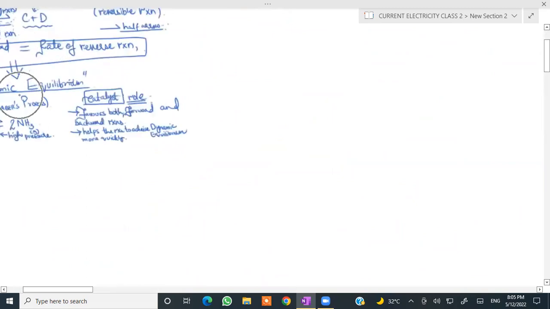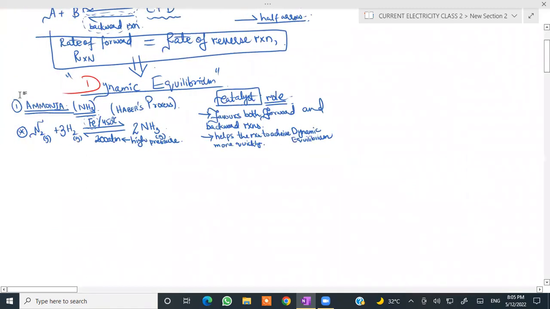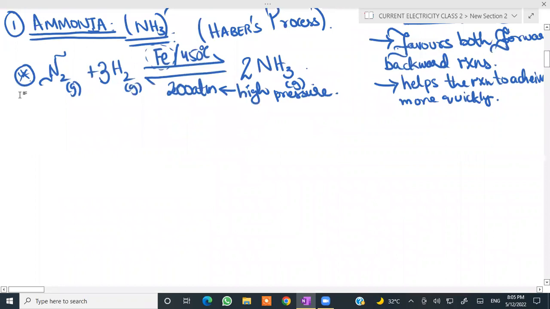So now what will happen next? What will happen when the dynamic equilibrium is established? The rates of forward and backward reactions become equal. Well, it's common sense that neither the amount of reactants nor the amount of products would change after the dynamic equilibrium is established.